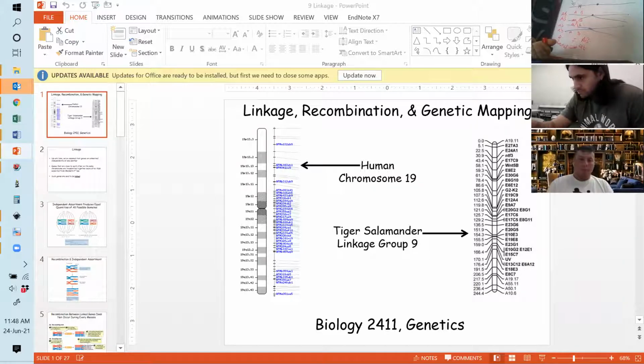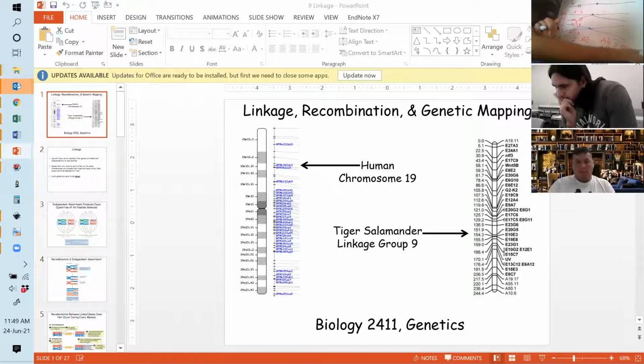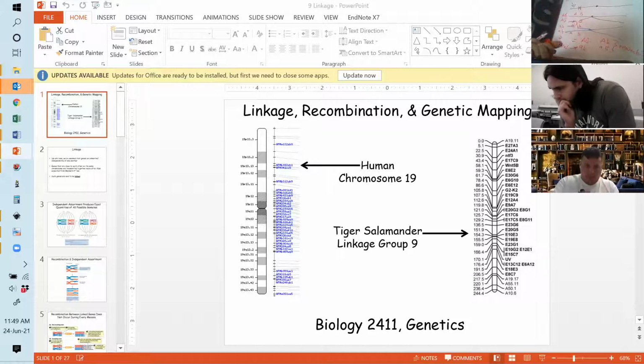Those are the parentals, but you'll also see new combinations: a dominant A and a recessive B, and the inverse, the mirror image, lowercase a, capital B. These are, as Marissa put it, the recombinants, because these are different to what you originally had in that individual.